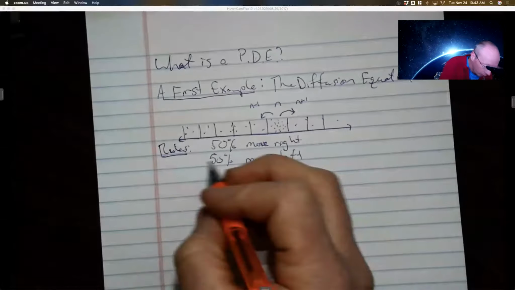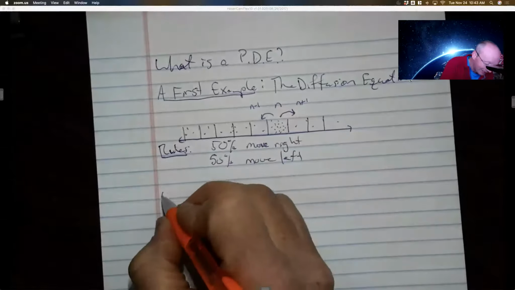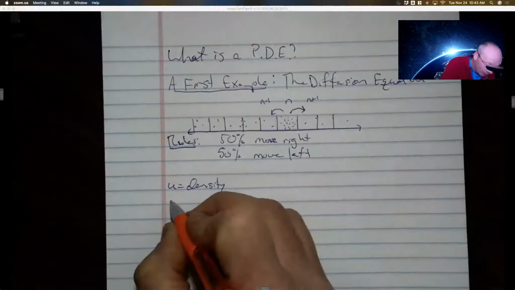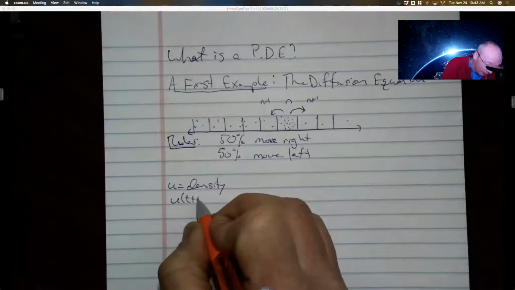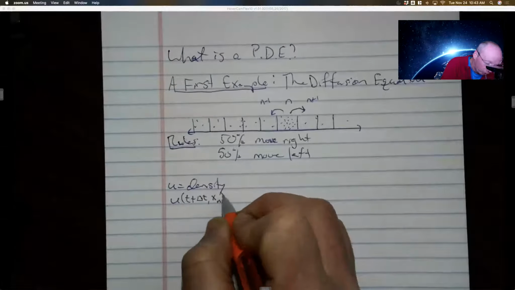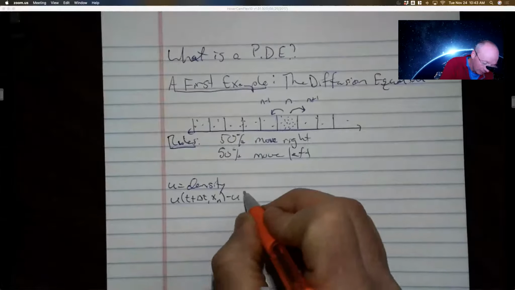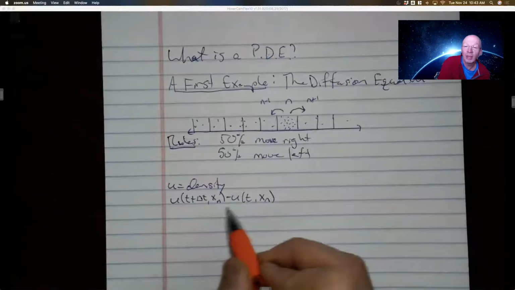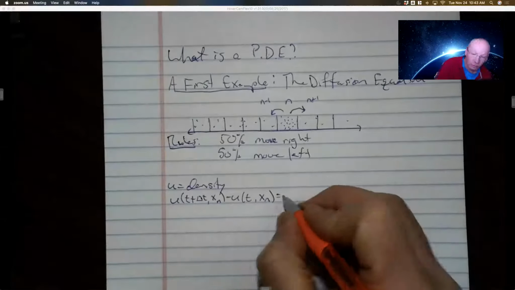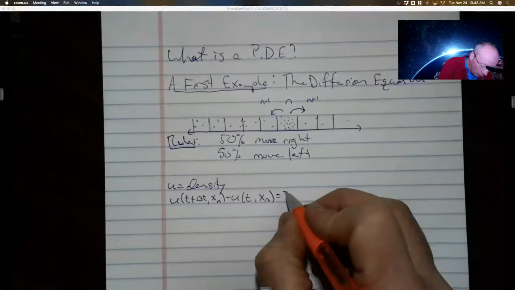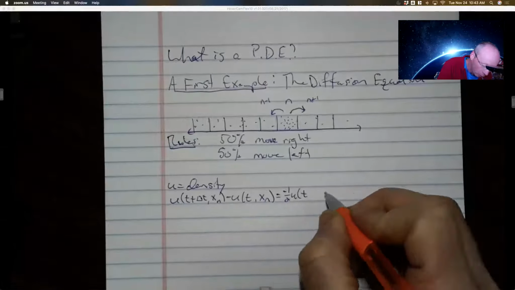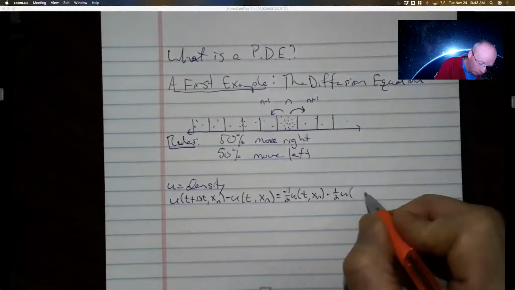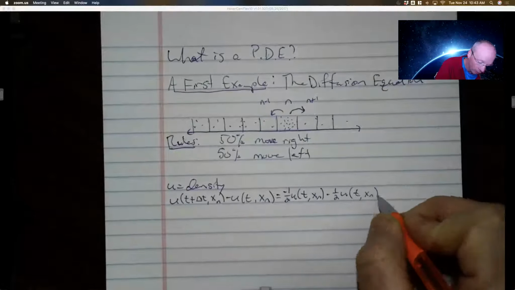And we get some rules, right? If u is the density of the particles, then I could say that u at time t plus delta t at spatial location x_n minus u at t at spatial location x_n, so this is the change in density over time, is going to be given to us as, well, let's see here. Half of my particles move to the right, and half of my particles move to the left.